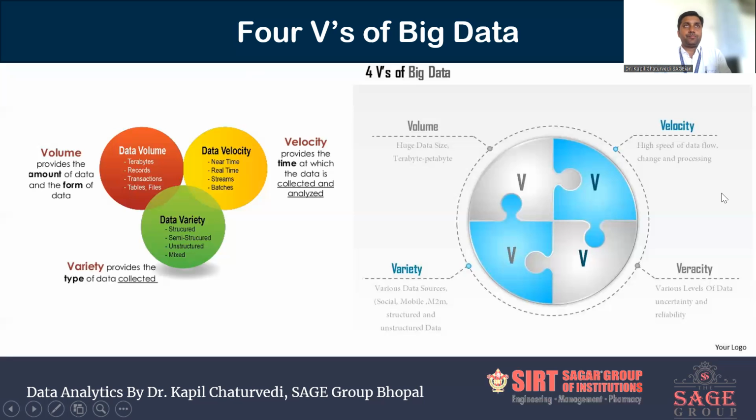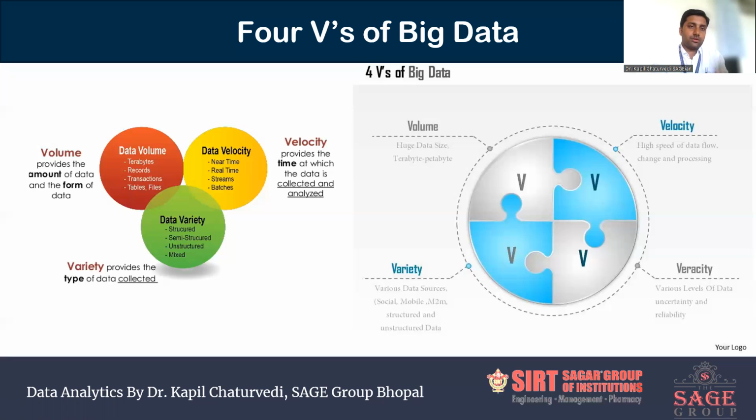Velocity basically means time-variant data. Time-variant data means on what time what event occurred, on what time what record was generated.